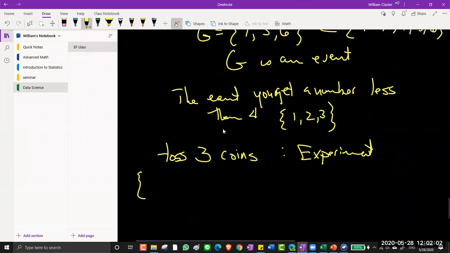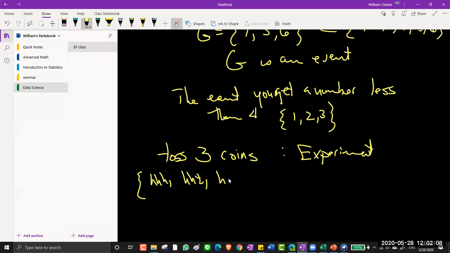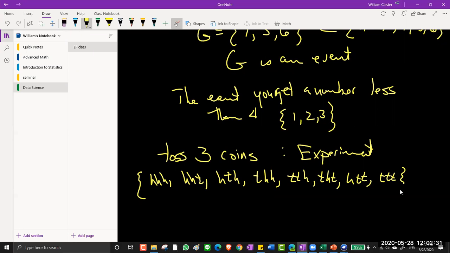You could get HHH, you could get HHT, HTH, THH. Those are the cases with 2 heads, and then you can have the cases with 2 tails: TTH, THT, and HTT. And then the last thing is TTT. So that's the sample space. Everyone agree with that? Yes, Professor. So what do we call this? S. Okay, that's the sample space.